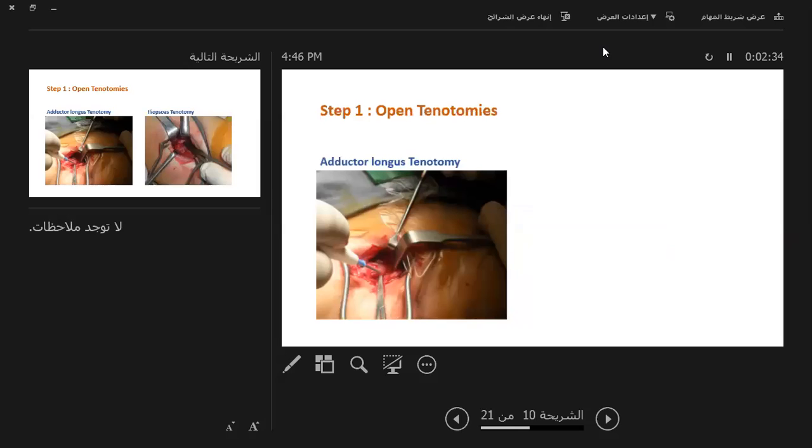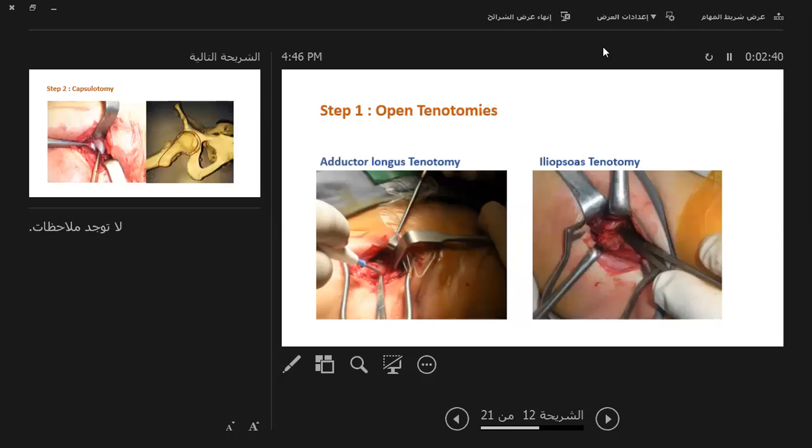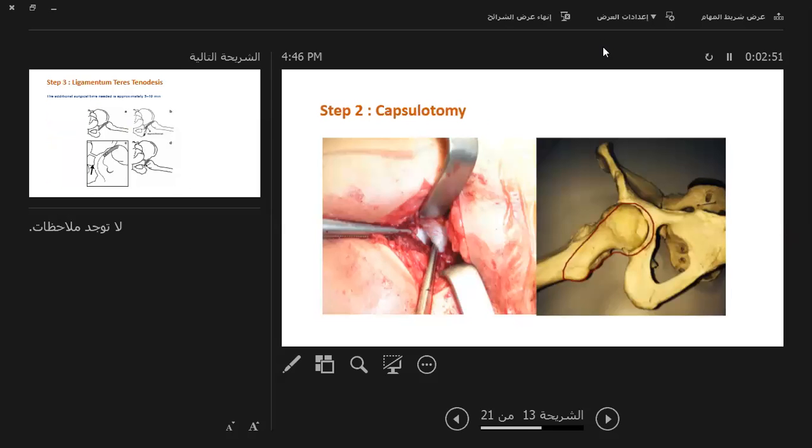Step one of the algorithm is making the open tenotomies, starting with the adductor longus. Then we orient ourselves to the lesser trochanter, palpate the iliopsoas tendon, isolate it, and cut it by electrocautery. This is the first step of the algorithm.